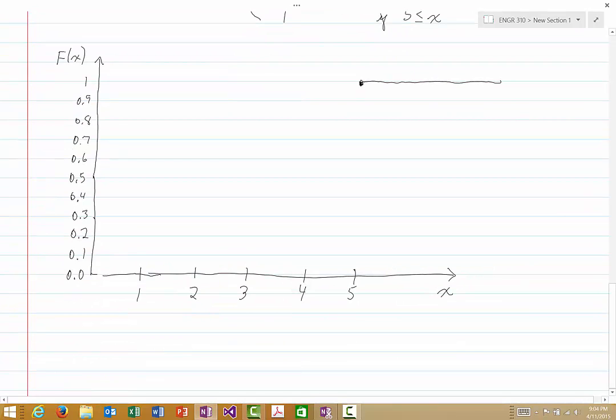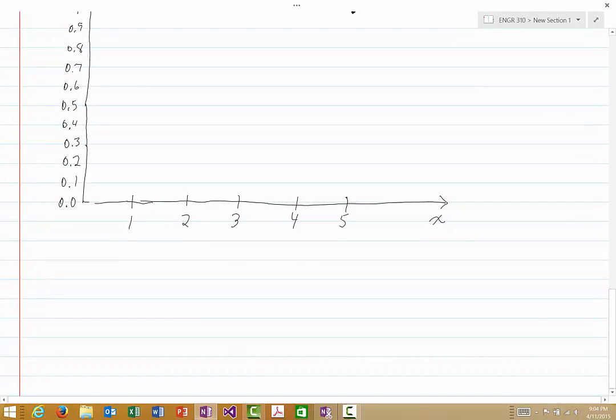So this is going to be very hard to see down here on this scale, but something like this. I'll put a hollow circle there at 2, because we don't want to go all the way up to 2. And we put a solid circle at 1. And then we can also say for any x less than 1, it's 0.